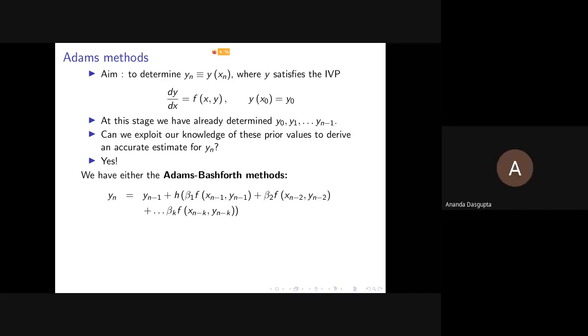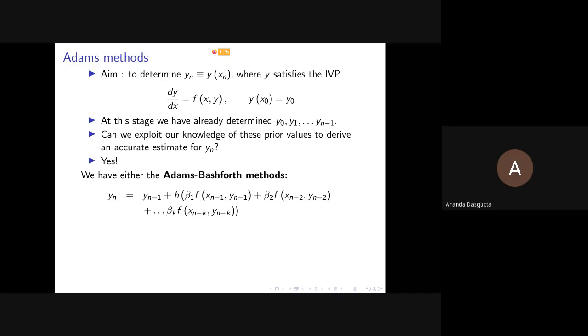So the question is, all these slopes that you knew before you reach this stage, here you're using at least some of those slopes, the last k such slopes. You are at xn minus 1, yn minus 1, so this is the slope which you would have used in the Euler method, just f of xn minus 1, yn minus 1. And for the previous slope, notice that you're not calculating any new point.